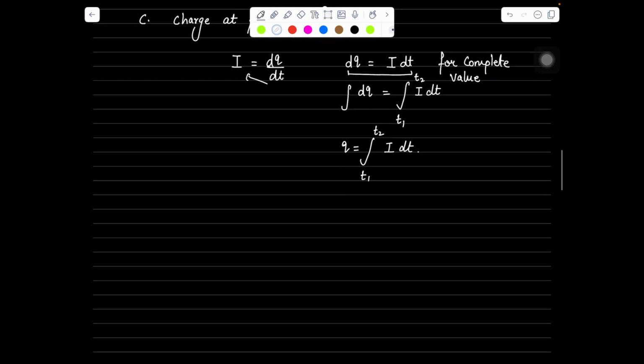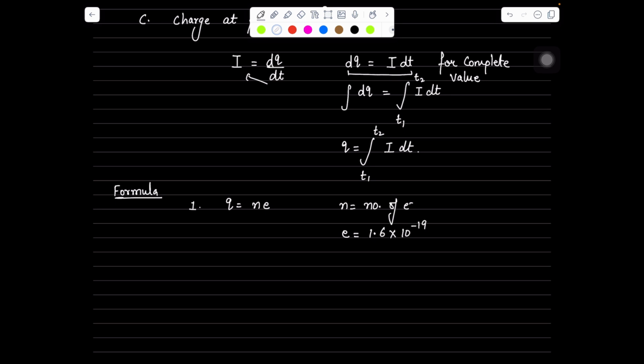Now we are going to discuss the formulas and the units. We are going to use four basic formulas. First, for the charge, Q = NE, where N is the number of electrons and E is the charge of an electron, 1.6 times 10 raised to the power negative 19.